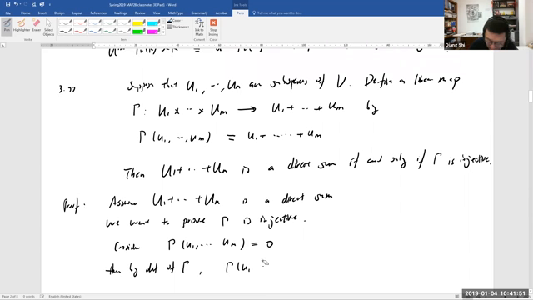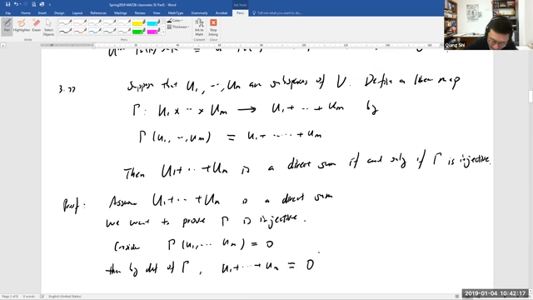The gamma function, if you look at the middle of the screen, the output is u1 plus up to um. Your input is the tuple in the pair of parentheses, u1, u2, up to um. Your output is the sum of those m vectors from different subspaces. So gamma equal to 0 means this sum is equal to 0.